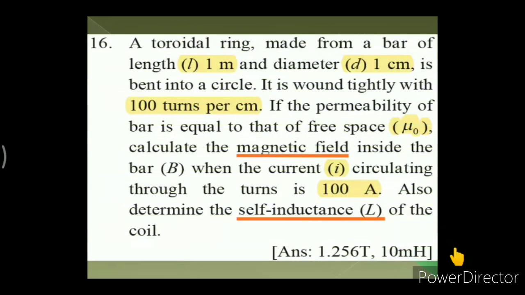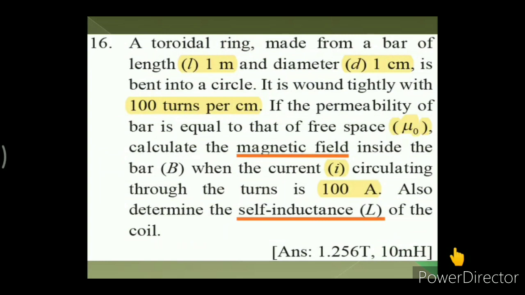The next unsolved numerical from the textbook, question number 16: a toroidal ring made from a bar of length L 1 meter and diameter D 1 centimeter is bent into a circle. It is wound tightly with 100 turns per centimeter.